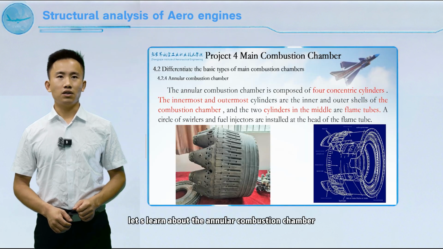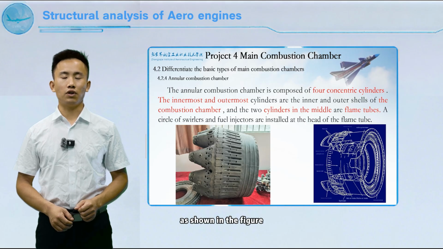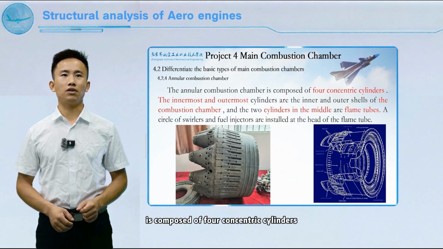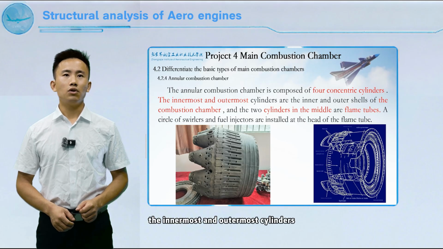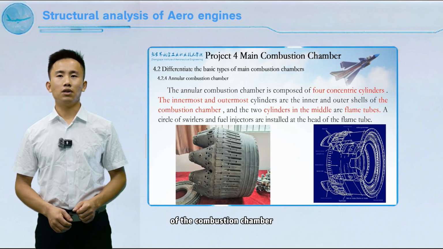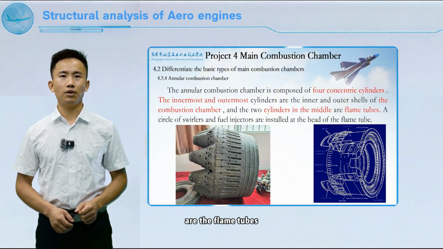Finally, let us learn about the annular combustion chamber. As shown in the figure, the annular combustion chamber is composed of 4 concentric cylinders. The innermost and outermost cylinders are the inner and outer shells of the combustion chamber, and the 2 cylinders in the middle are the flame tubes.